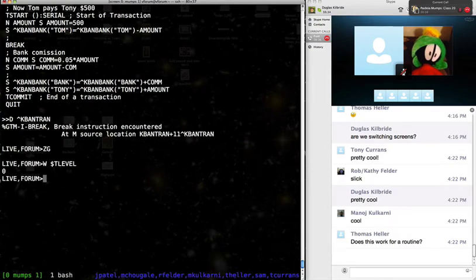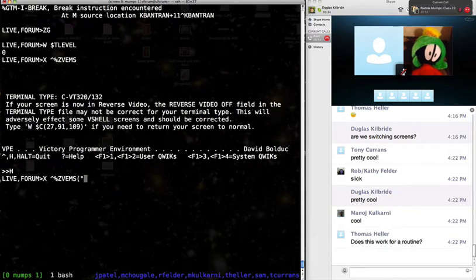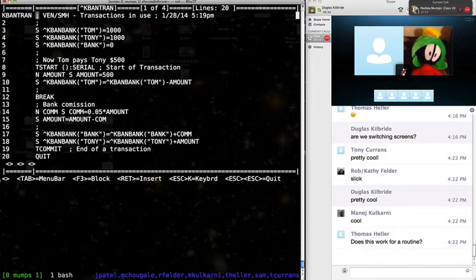So there's a variable called $TLEVEL, which tells me if there is any transaction that's pending right now, and I don't have any. I just wanted to confirm before I went back into the routine. Now, let's just do an edit here.